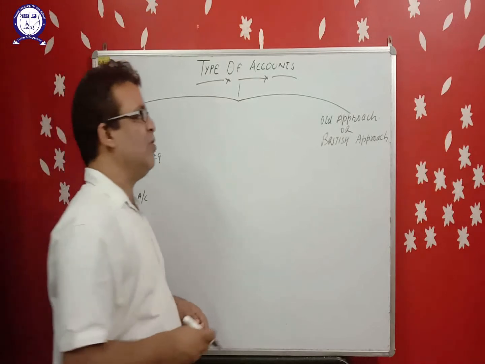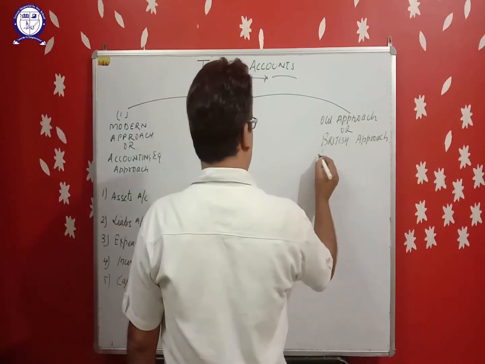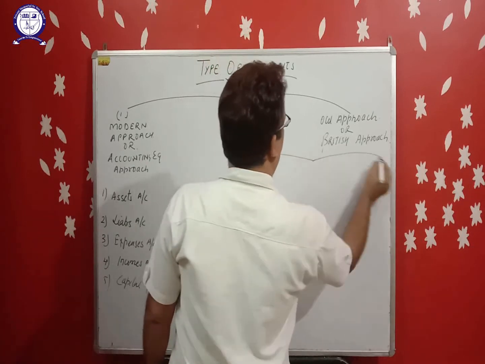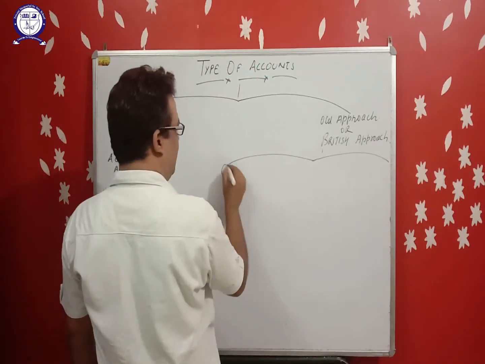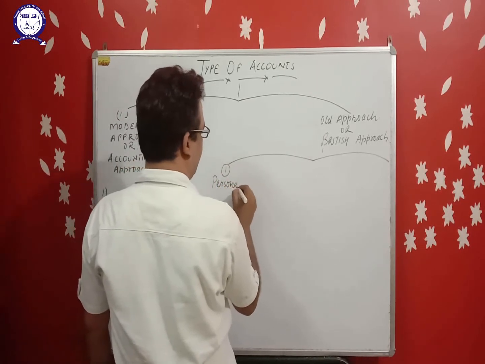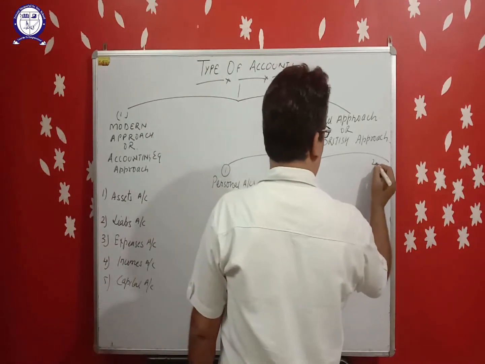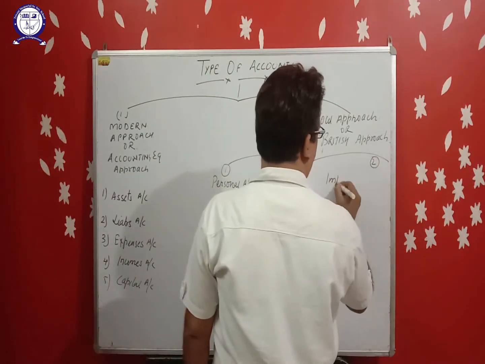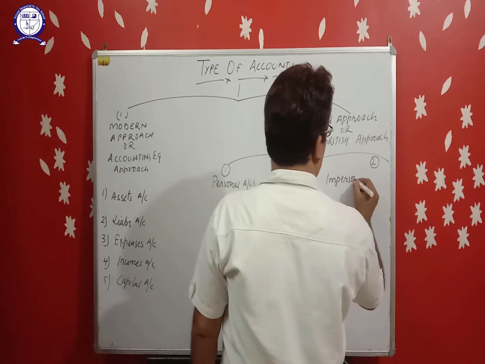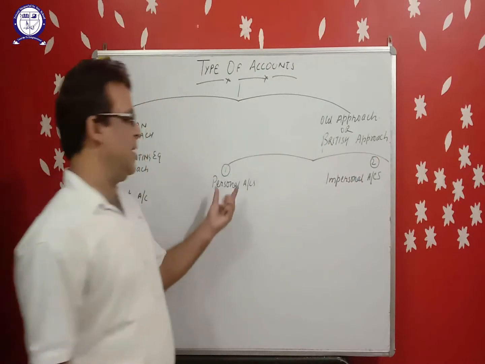Now we will discuss British approach. According to British approach, there are only 2 types of accounts. Number 1, personal accounts.